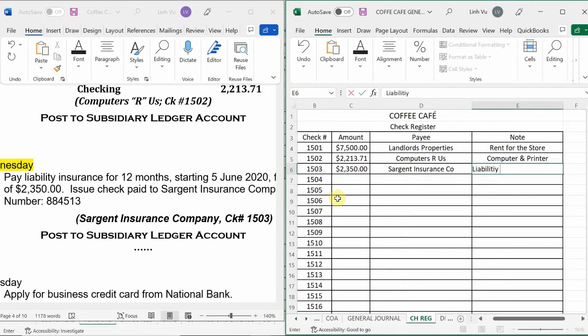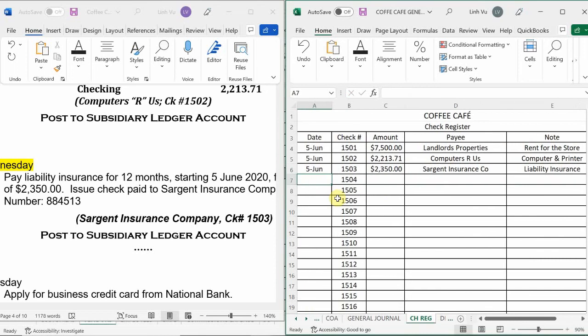Liability insurance. Okay, good. So what check number did I write? Check number 1503.